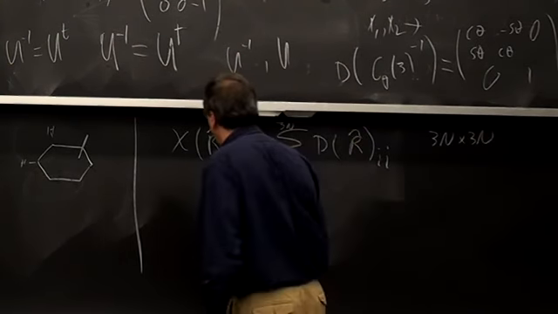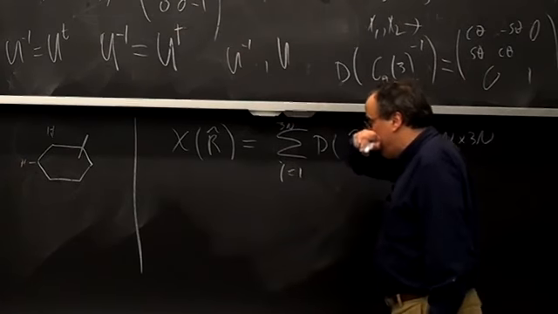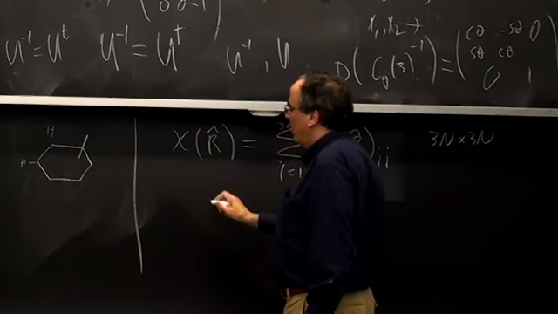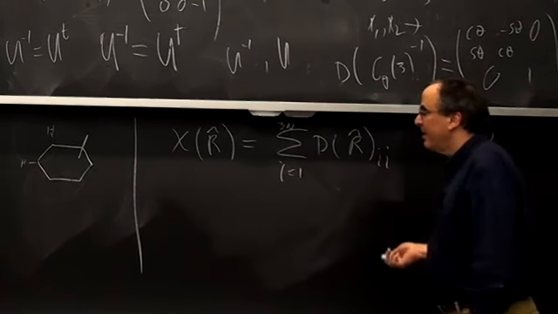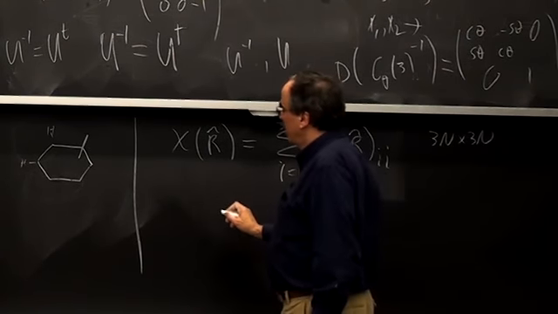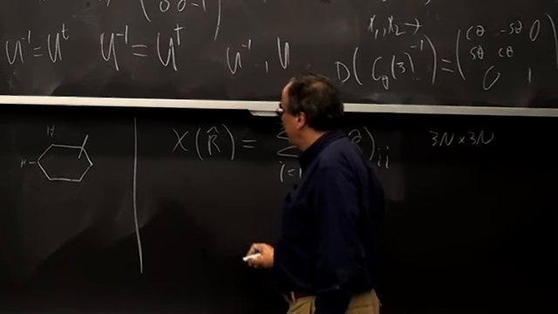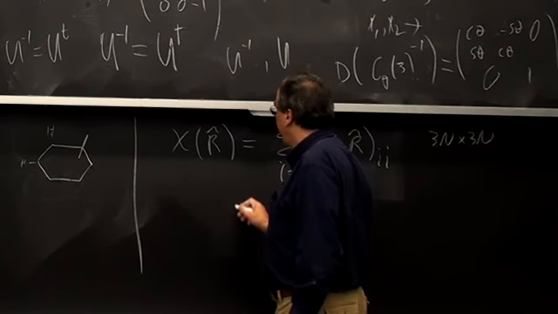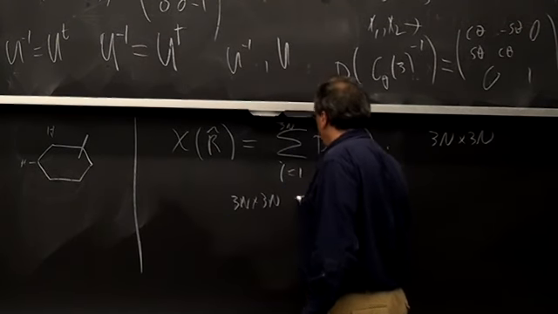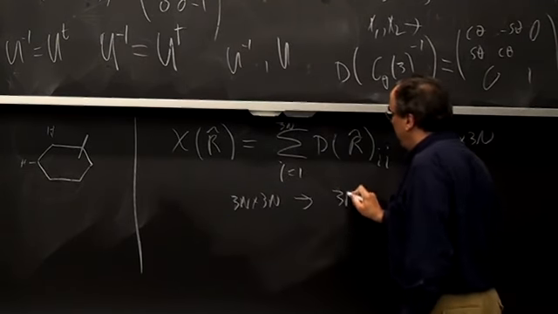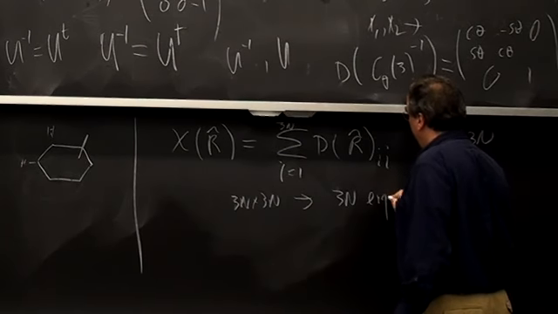It turns out that, I'm getting ahead of myself, but I just have to say it. What's unique about a matrix? Suppose you have a 3n by 3n dimensional matrix. Well, it will have 3n eigenvalues.